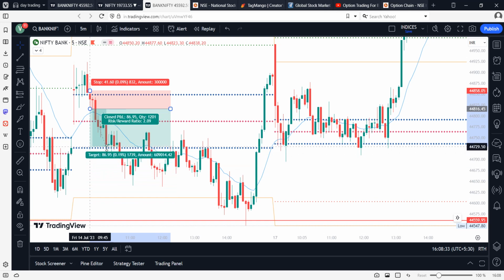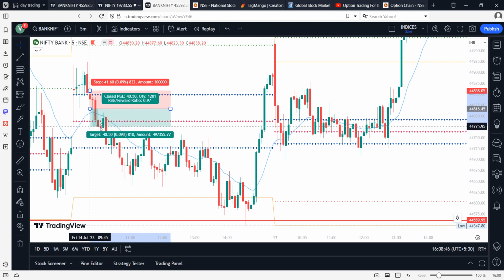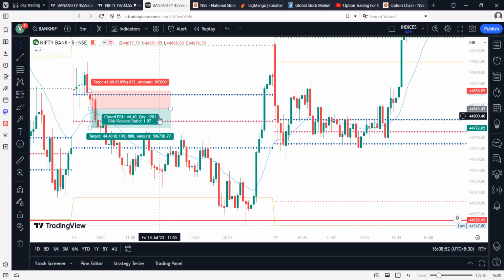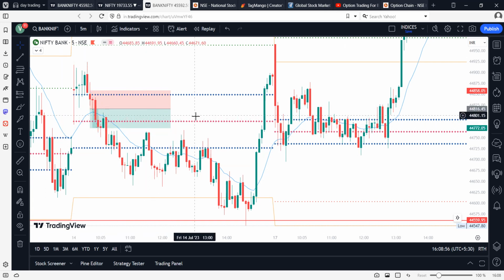Yes, at this point you are getting the 2%. Once you get the 2%, you can trail your stop loss to 1% here. Yes, you got 2%, so you have to trail it at 1%. You can trail your stop loss below this big candle. Okay, below this big candle. This is the right process.